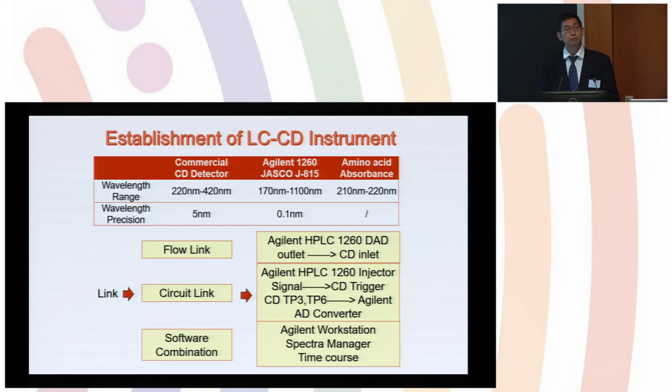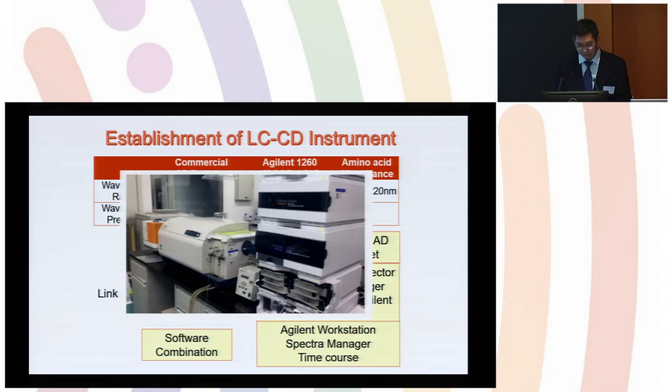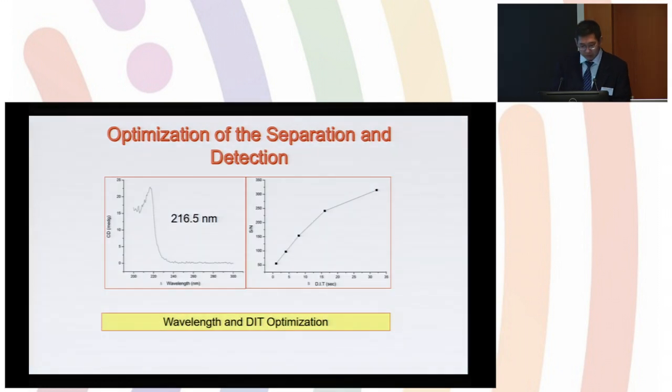So, in order to validate our theory, firstly, we should set up the LC-CD instrument. We connect a commercial Agilent HPLC with a commercial JASCO CD spectrometer, like this. After that, we select L-phenylalanine as an example to validate our theory.